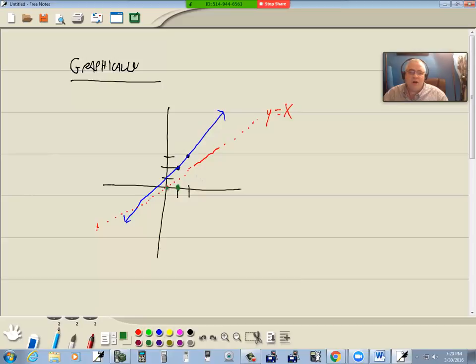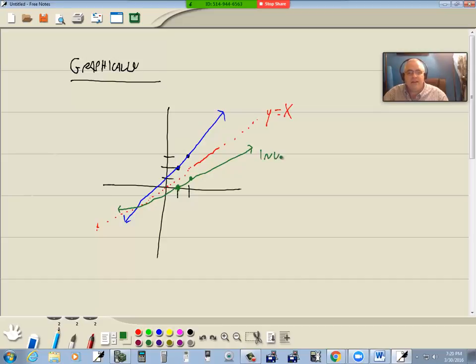Now the points swap, so that helps. That's (1, 2), so I'm looking for (2, 1). You see, if I take this blue line and I flip it, reflect it across the line y is equal to x, it'll give me this. And even if I take this little piece down here and I flip it, reflect it, it'll give me that.